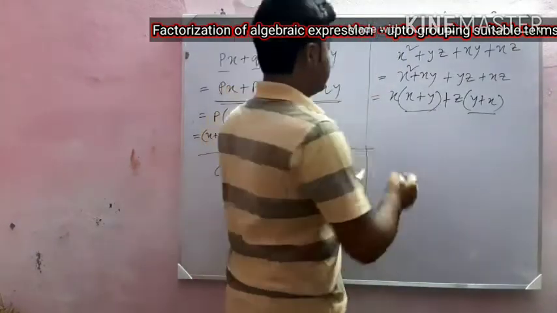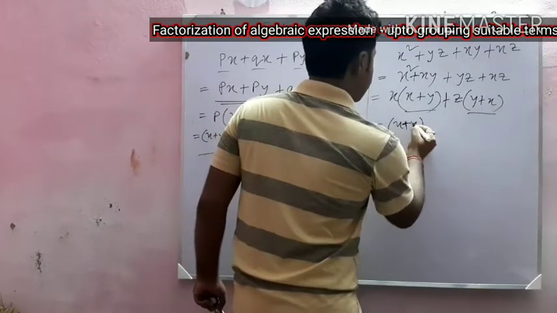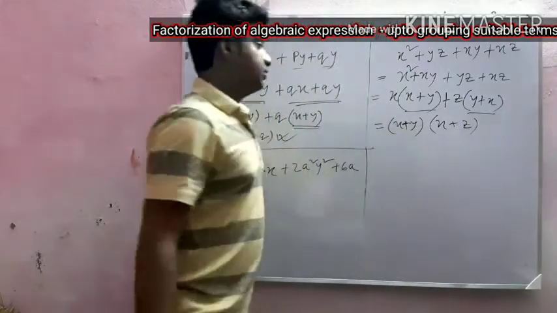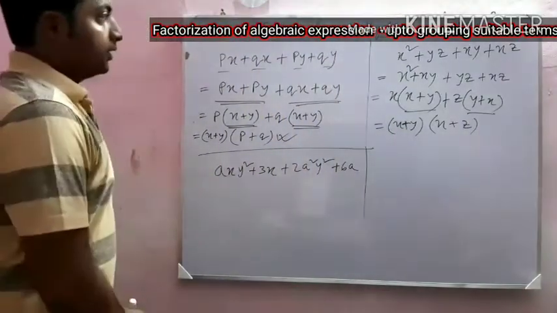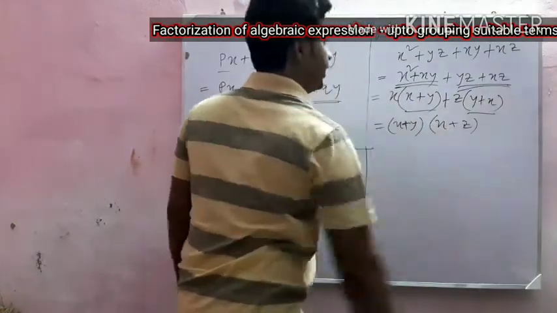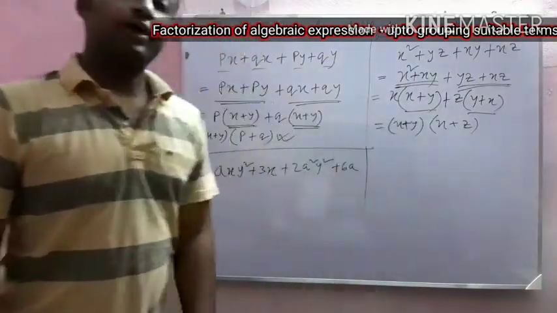Now take x plus y as common again, and this will become the answer. Okay. You have formed two groups here to take the common factors out.